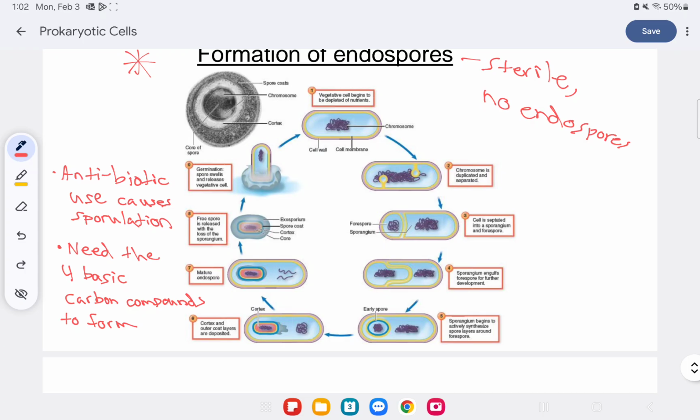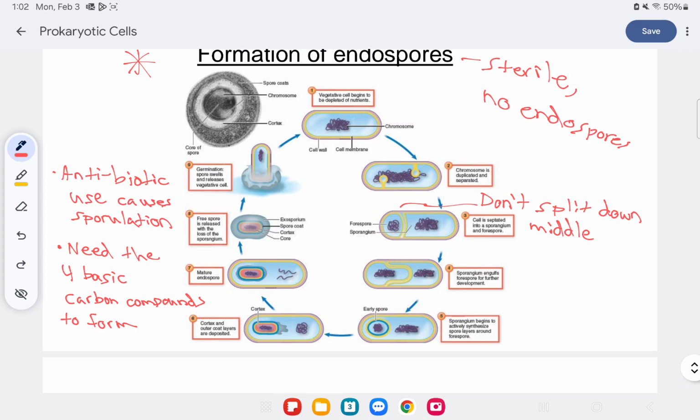The big side is called the sporangium. The small side is called the forespore. So they split, and you notice this yellow line here, that's the plasma membrane. This plasma membrane that was contiguous here has now split. And this sporangium is going to swallow the forespore.